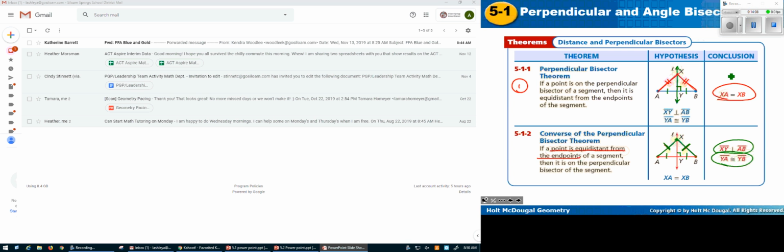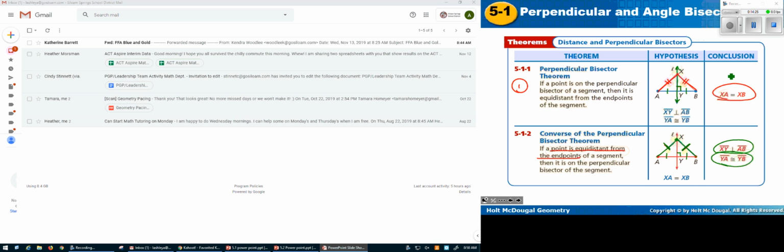Do you see the difference between the original theorem and the converse? Again, the way I remember it is the original theorem gives you that it's a perpendicular bisector, hence the name. The converse does not. The converse, that's what you're concluding.